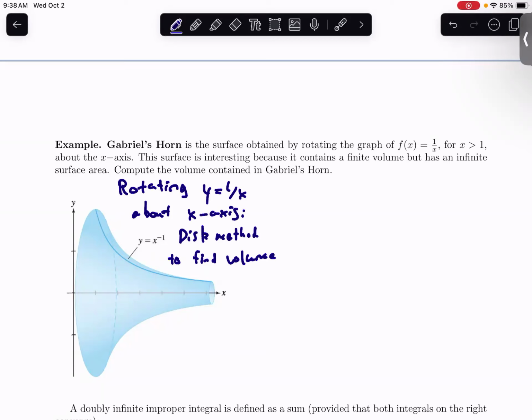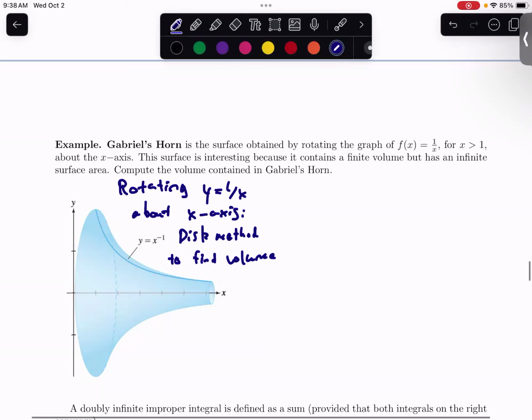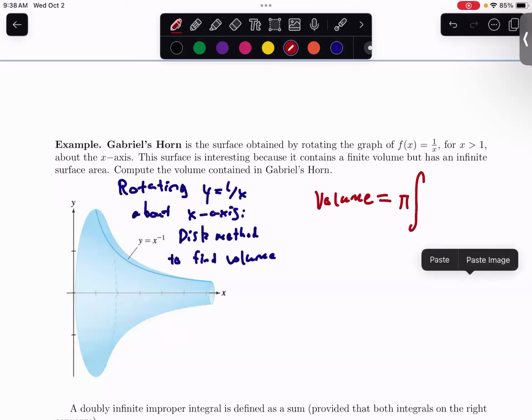Let's use a different color. We have the volume. For the disk method, you should be thinking in terms of the area of a circle, so it's going to be pi times this integral. I'll write out the bounds of integration later on. We're taking 1 over x, right? If we have an arbitrary cross section at x, the height is going to be 1 over x.